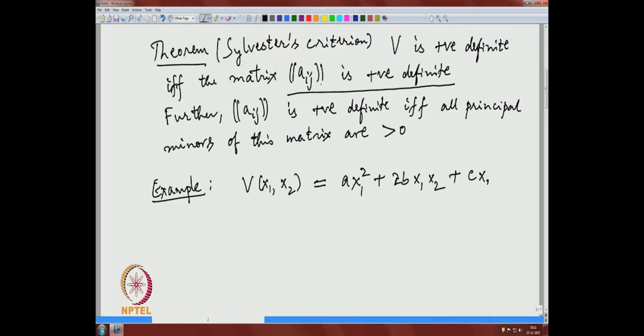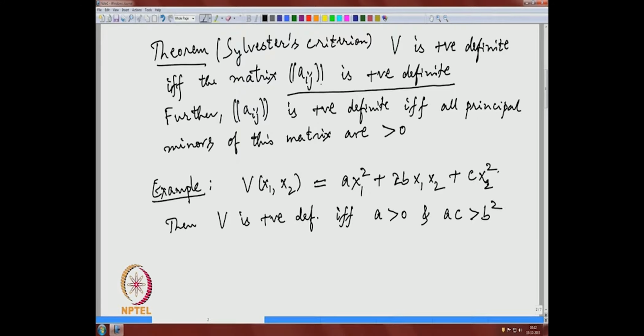Then V is positive definite if and only if A is positive and AC is bigger than B squared.